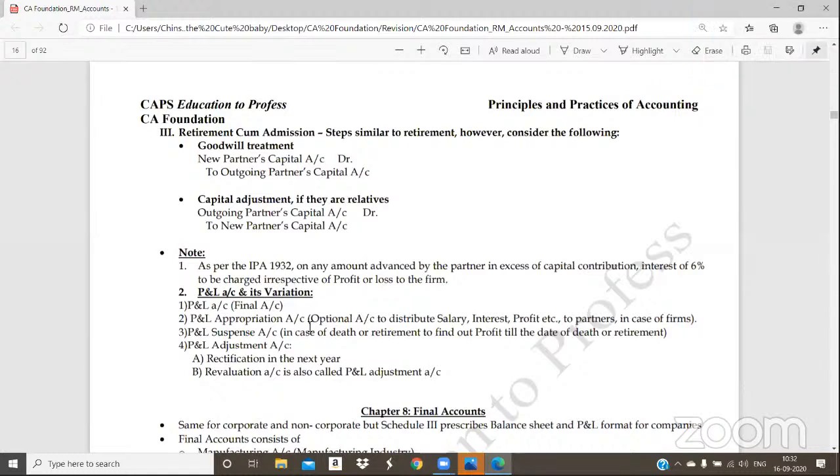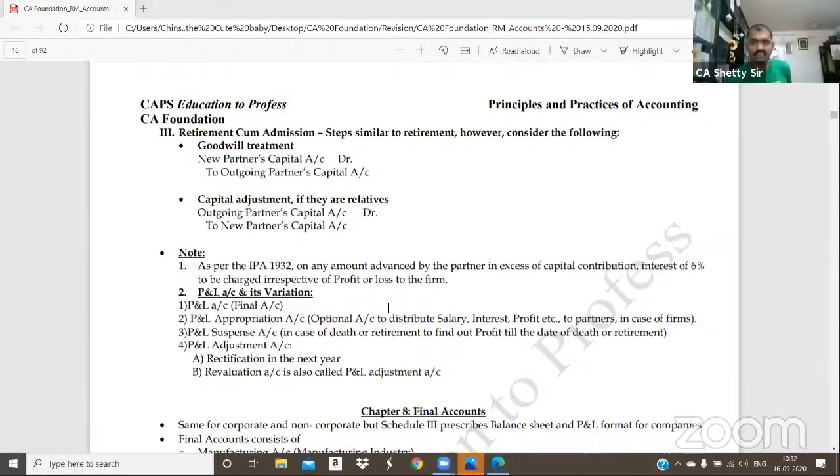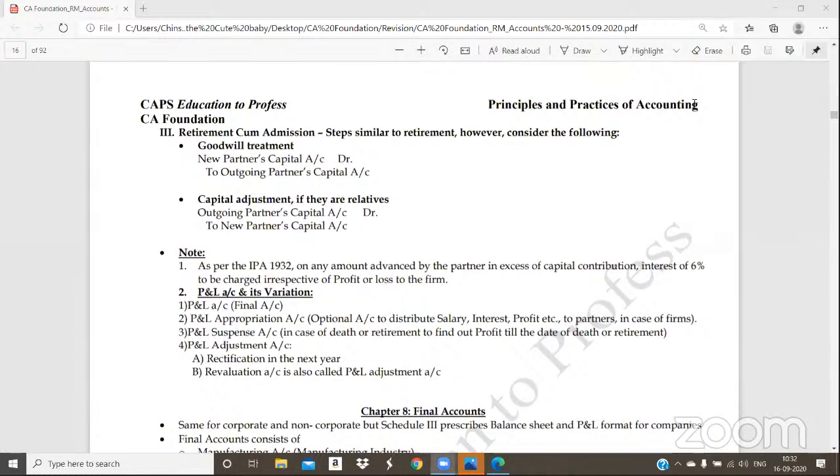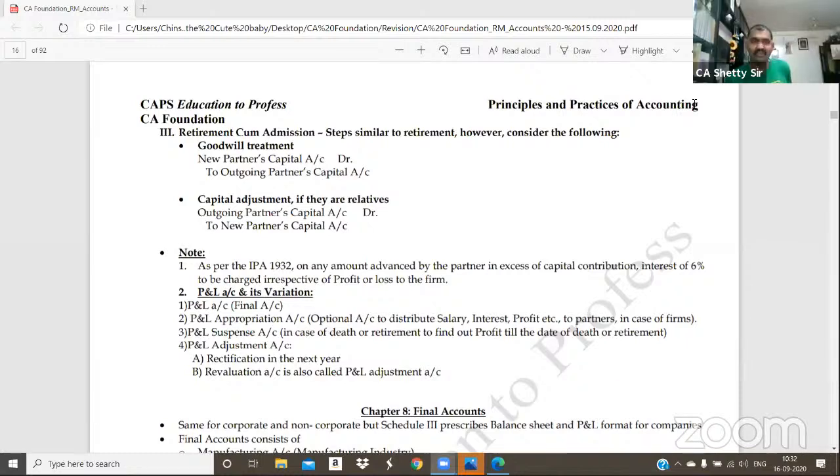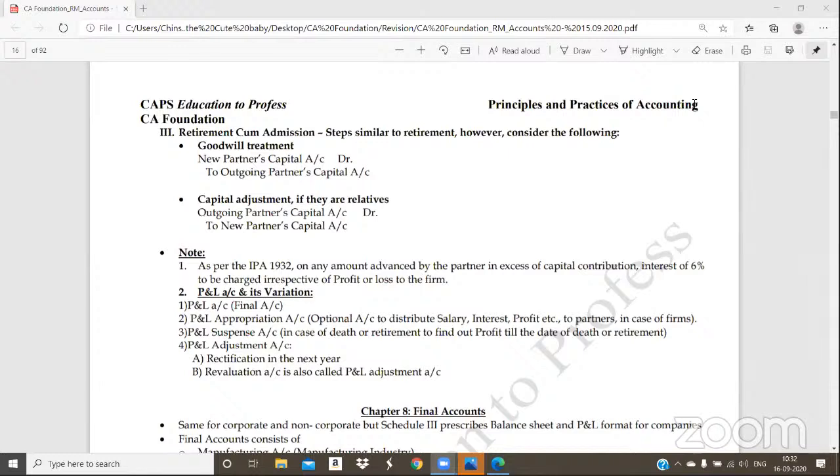As per the Indian Partnership Act 1932, on any amount advanced by the partner in excess of the capital contribution, interest of 6% to be charged irrespective of profit or loss to the firm.